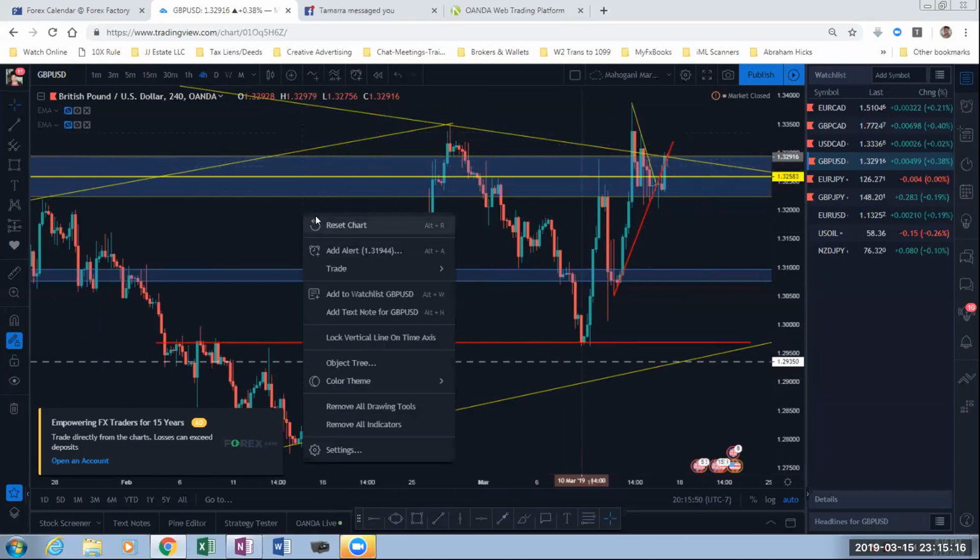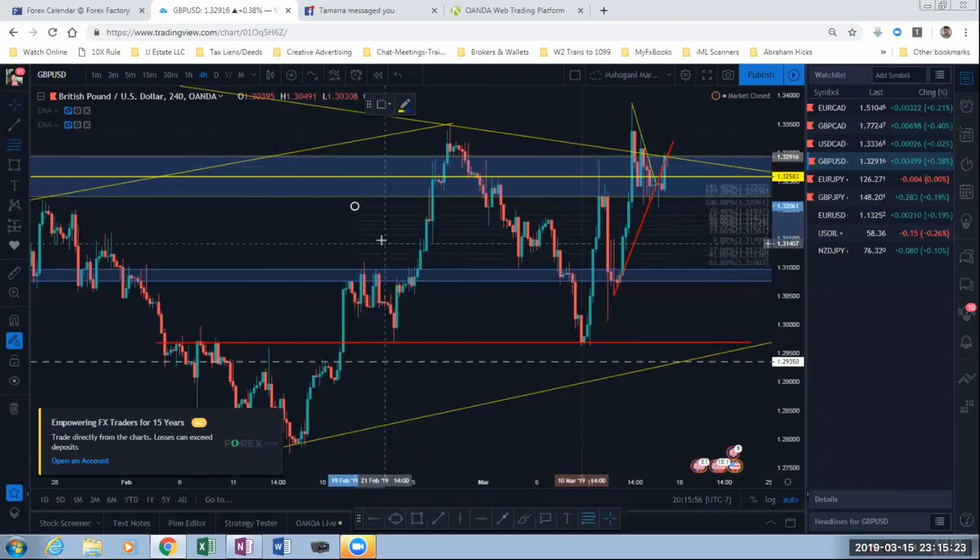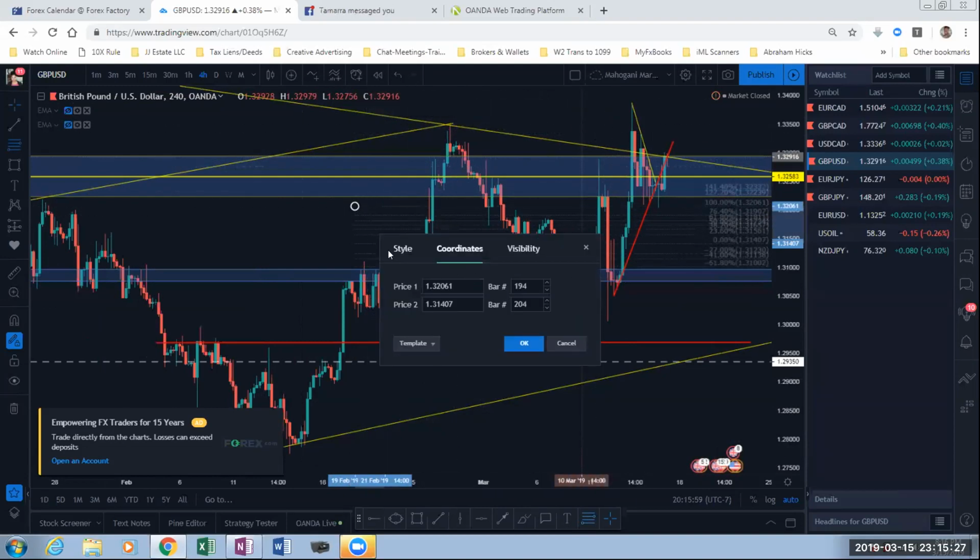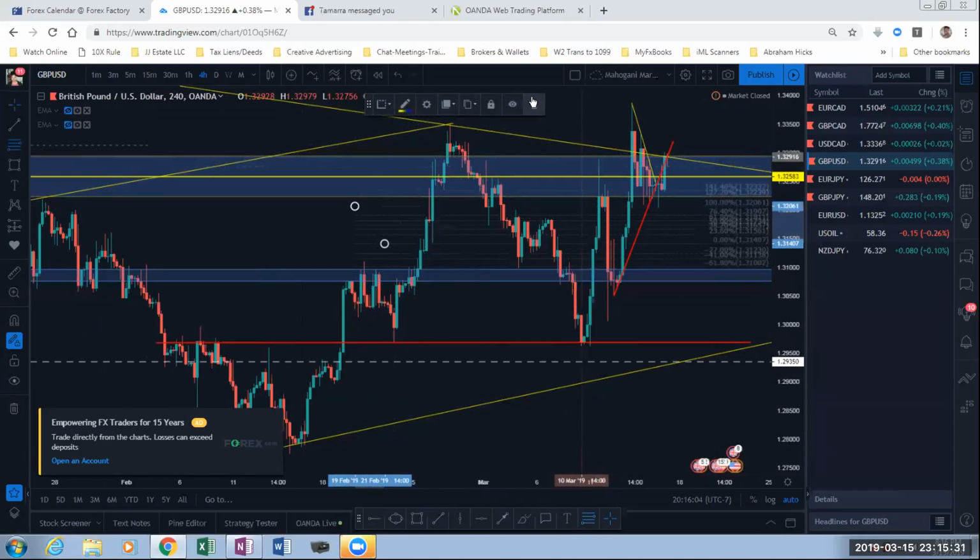Sure. And y'all don't know, Gwen is the Fibonacci queen. The reason why I know my Fibonacci is because Gwen was like, you got to do your Fibonacci. If you do not do your Fibonacci, I don't know what you're doing. So when I pull my Fibonacci up, first of all, I typically use my Fibonacci on my 4-hour.